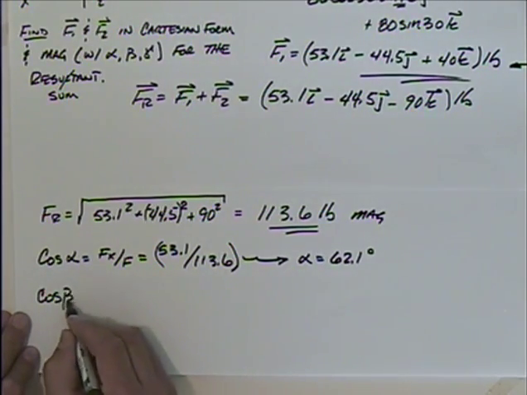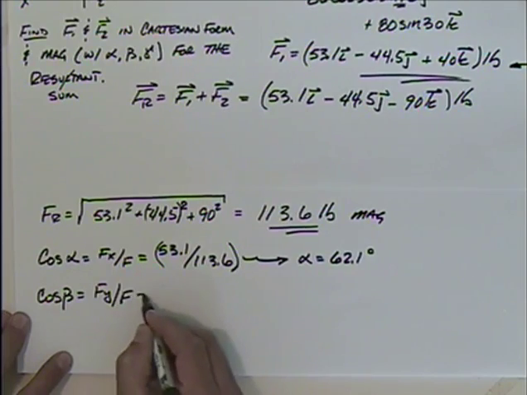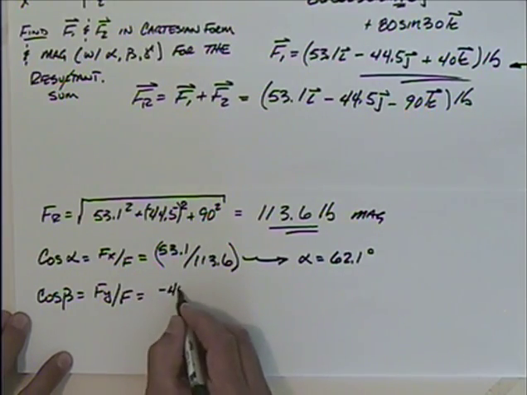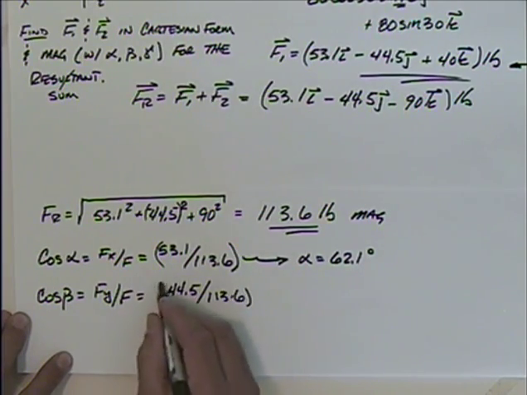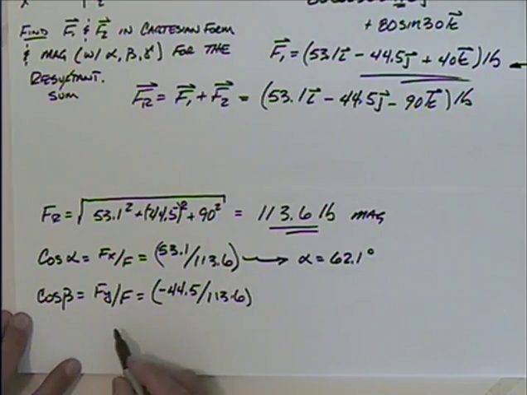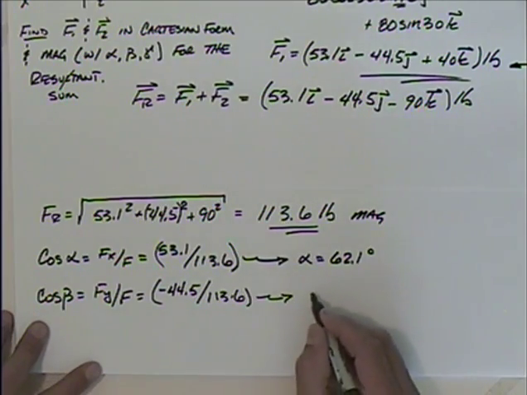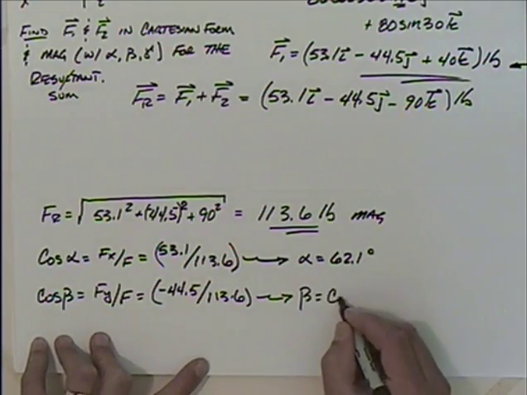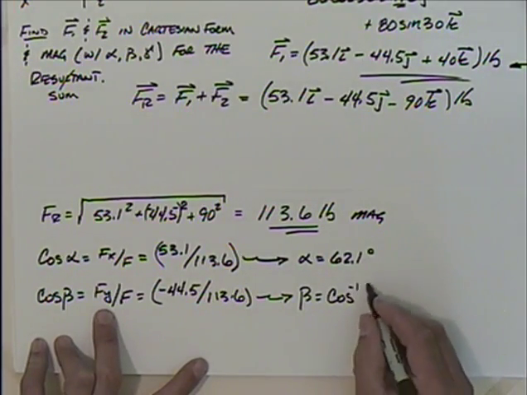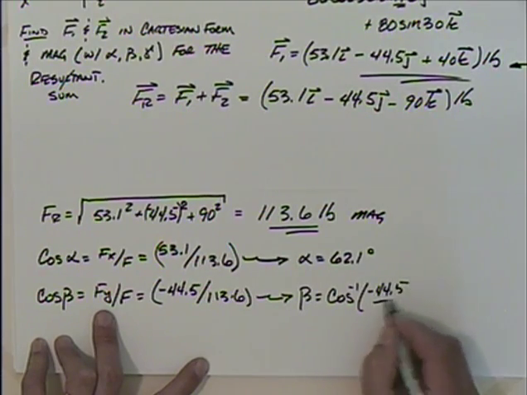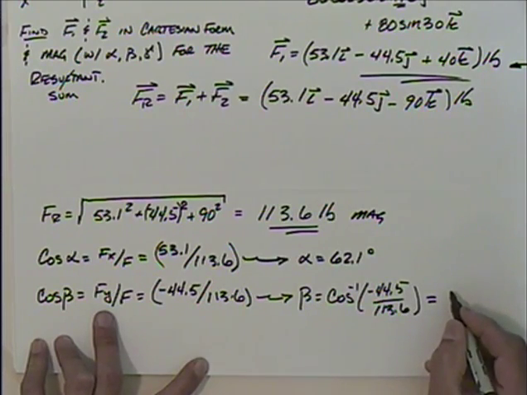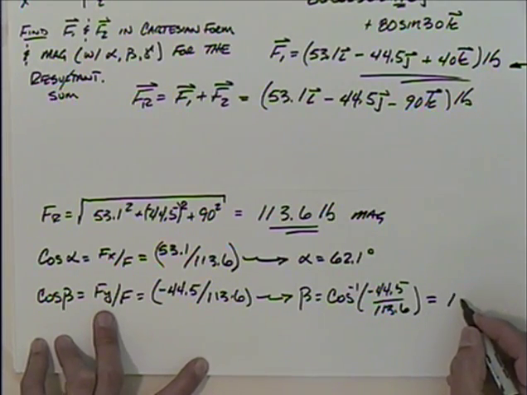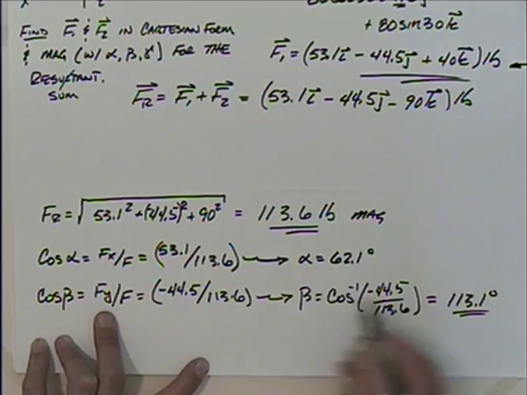The cosine of beta is equal to Fy over F, which is going to be minus 44.5 divided by 113.6. So you could say, if you wanted to, that beta is equal to the arc cosine, the inverse cosine of minus 44.5 over 113.6, which turns out to be equal to 113.1 degrees.